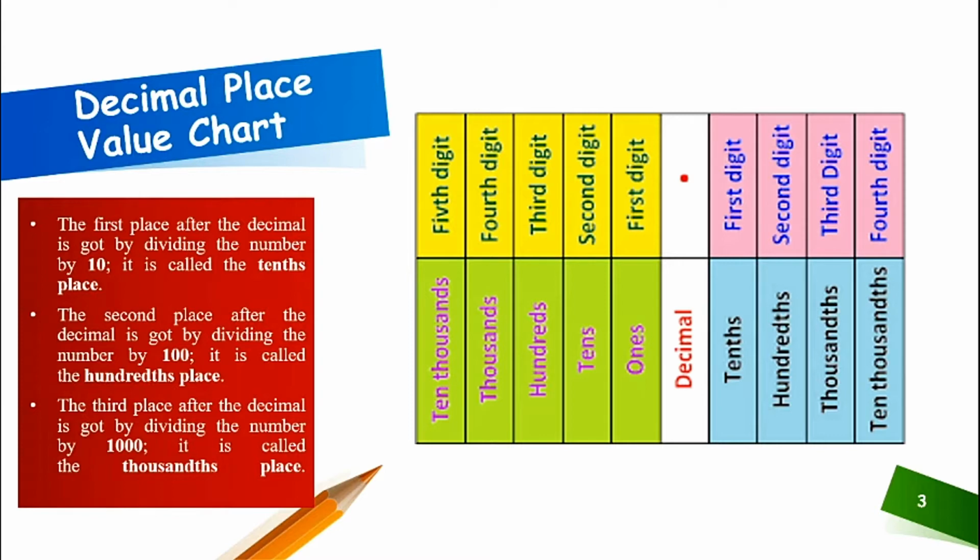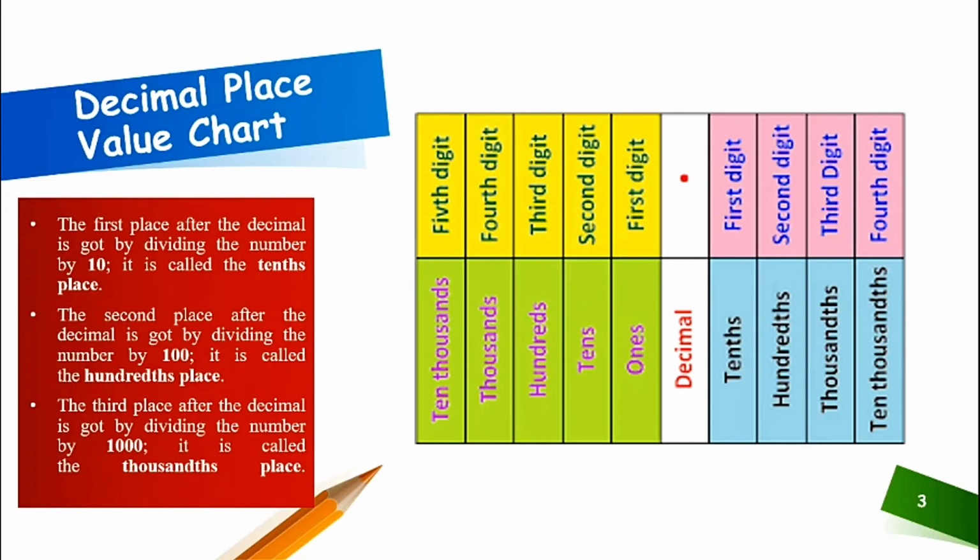Our third, the same thing, is got by dividing the number by 1,000. That's why it is called the thousandths place. And for our fourth place, the same process, it is got by dividing by 10,000. That's why it is called the ten thousandths place. Do I make myself clear?